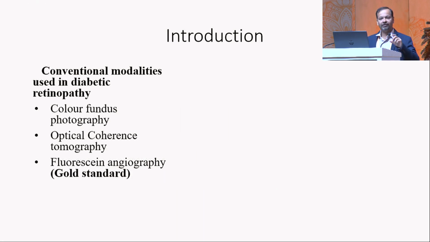We know that when we assess diabetic retinopathy, we have certain standards of care, and we very commonly use OCT. We use fundus photography, and the gold standard is fluorescein angiography, which has been there for long.